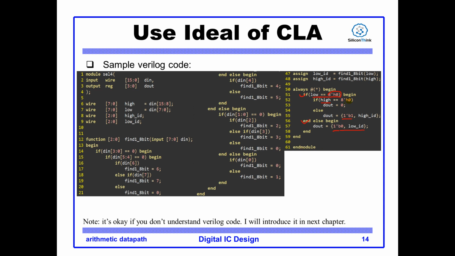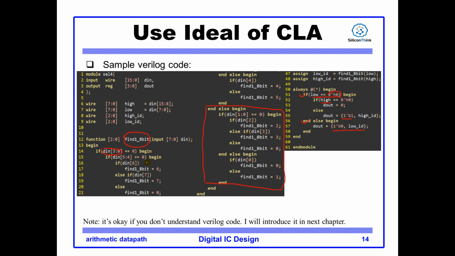Okay. So for the lower 8 bit, for each group of 8 bit, I define a function to calculate. The idea is the same. Check the lower 4 bits. No, sorry. This is the calculation for the lower 4 bits within an 8 bit.